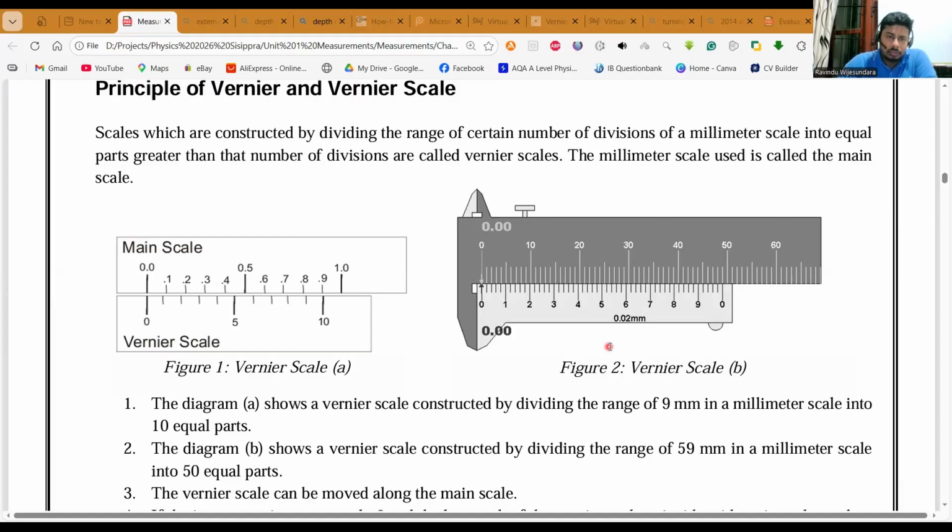To do that, we are going to reduce the minimum measurement, or the smallest measurement. If you reduce the smallest measurement and increase the measuring quantity, then you can have a lower percentage error.